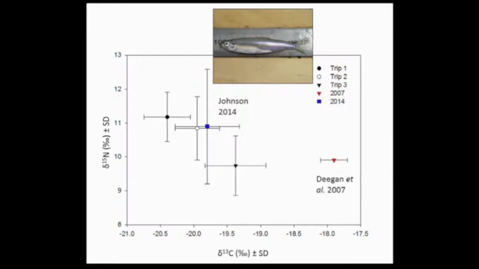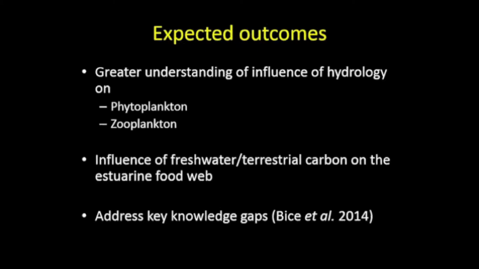Nonetheless, these results are very preliminary. We've got a range of analyses still to come back in, and hopefully that will clarify the story a little more. As I said, there's a lot more still to go, but when we get all that back, and particularly when it's analysed in regard to other data that we have on similar parameters from different hydrological periods, it will hopefully facilitate a much greater understanding of the influence of hydrology on a range of parameters in the Coorong, including phytoplankton and zooplankton.